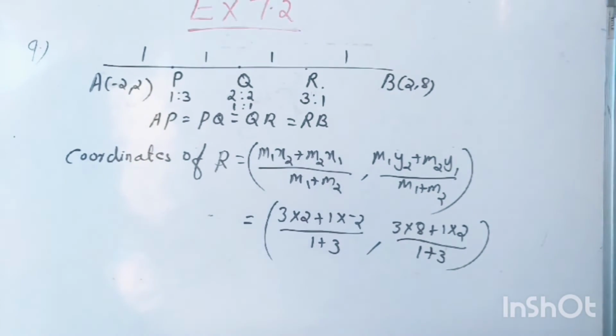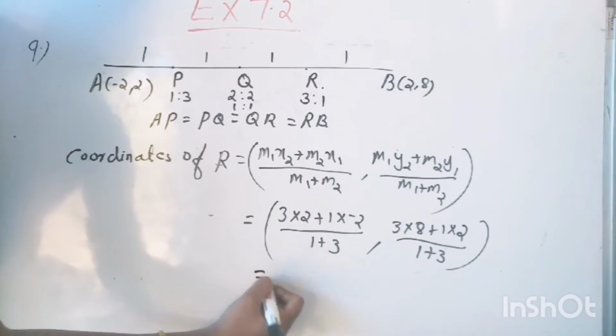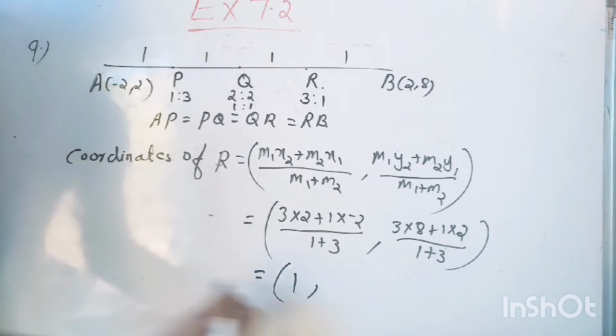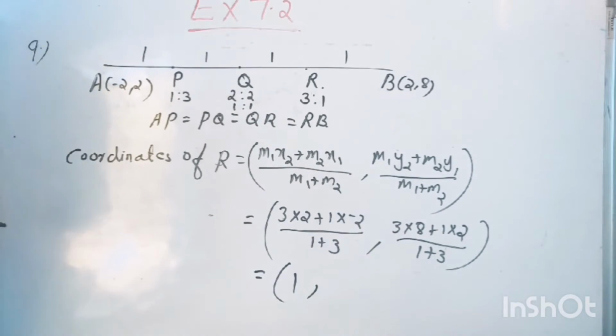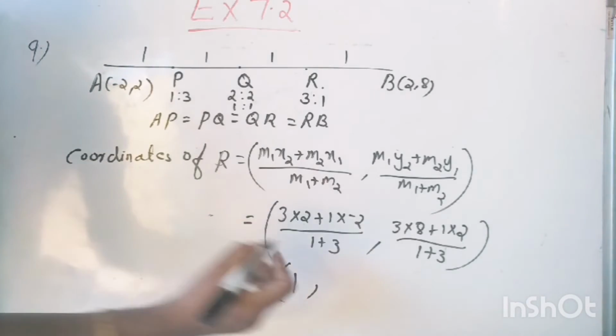3 into 2, that is 6. 6 minus 2 is 4. 4 divided by 4 is 1, comma 3 into 8, we will get 24 plus 2, that is 26. 26 divided by 4 is 13/2.